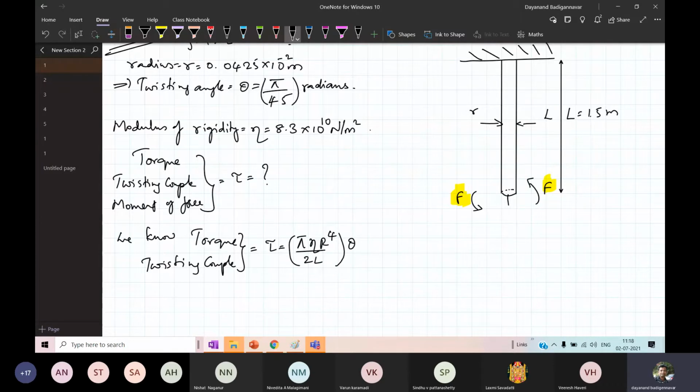This is the formula. Now you substitute all the values given to you.